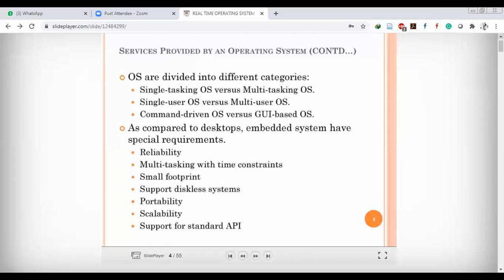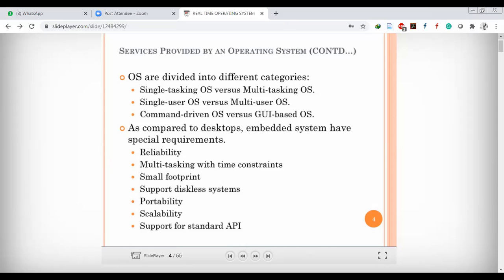These operating systems are basically divided into different categories: single tasking or single process OS, single tasking OS versus multitasking OS, single user OS versus multi-user OS, command driven OS versus GUI based OS. Nowadays we always prefer and are interested in using GUI based OS only.